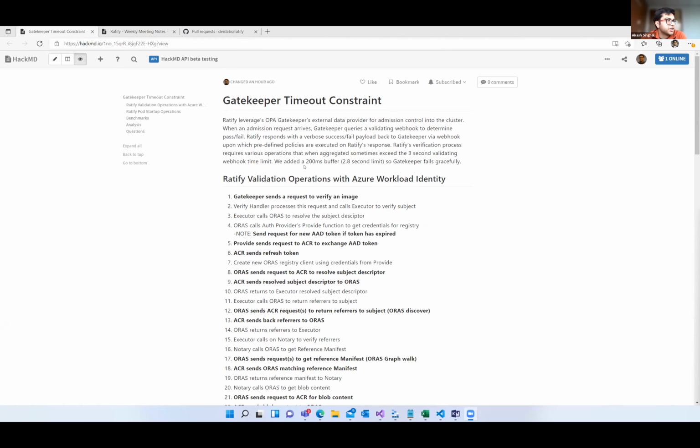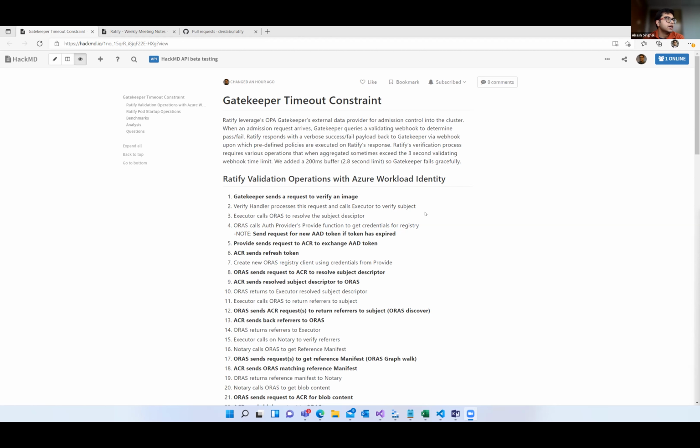So just starting off from last week, we had discussed going in and doing some timing benchmark analysis on the Ratify with Azure workload identity auth provider flow, because currently we're seeing that we sometimes intermittently fail to complete the entire validation process within the 2.8 second limit, and basically wanted to see which components are taking the longest.